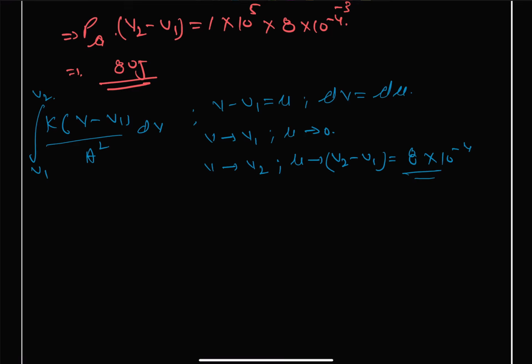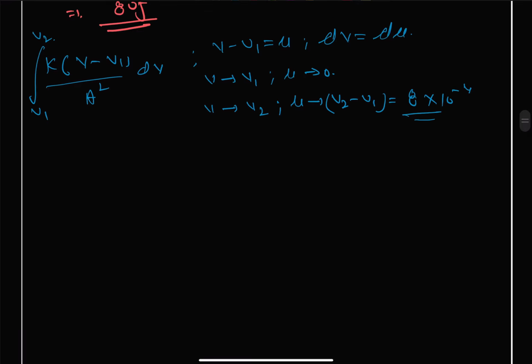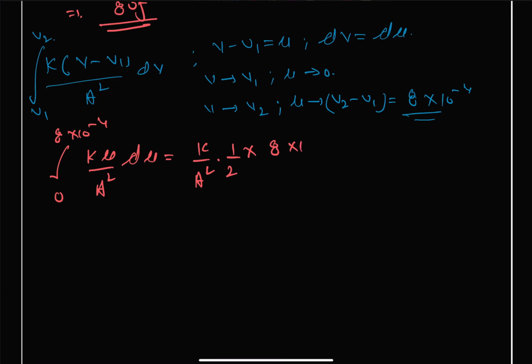So let us modify our integral. We get the limits as 0 to 8 into 10 to the power minus 4, and we get K u upon A square du, and K upon A square will be our constant. We are left with u square upon 2, so this will be 1 by 2, and u square will be 8 into 10 to the power minus 4 whole square.